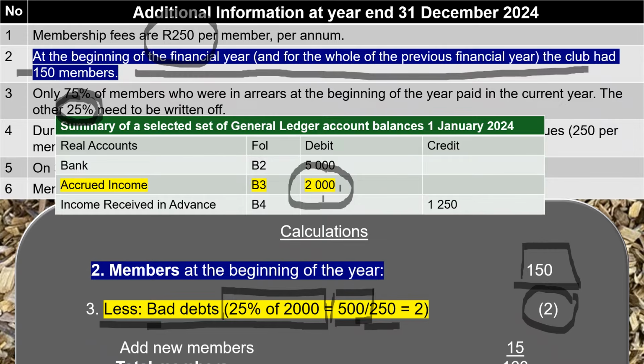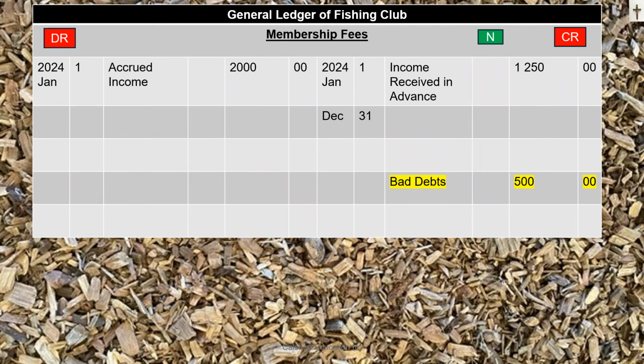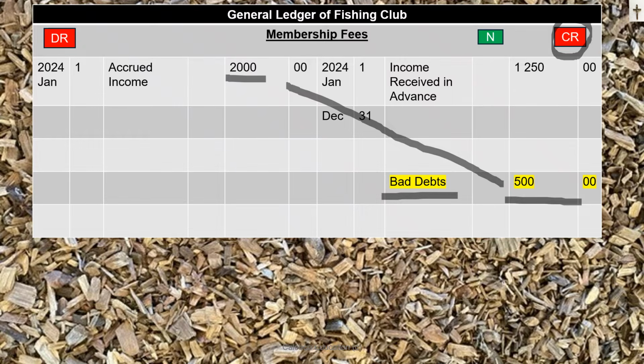Now remember, the entry will be debit bad debts and credit membership fees. So now we're completing this account. Membership fees is credited and the amount is 500. Remember, what we're doing is accounting for the owing money from the previous year. 500 of that amount is being written off. 2 members were insolvent.